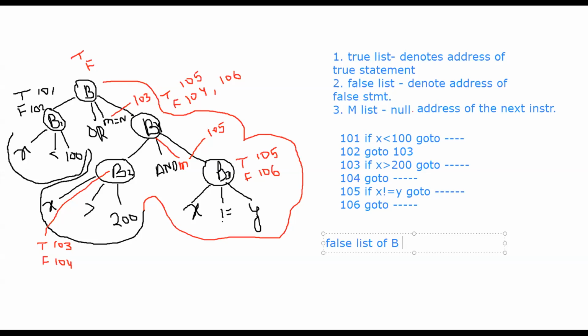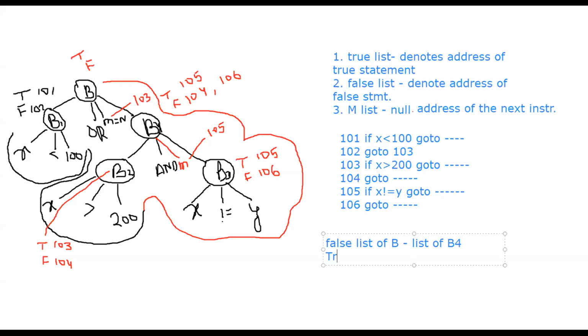The false list of B will contain the same as the list of B4. You have to copy the list of B4 to B as it is, right?